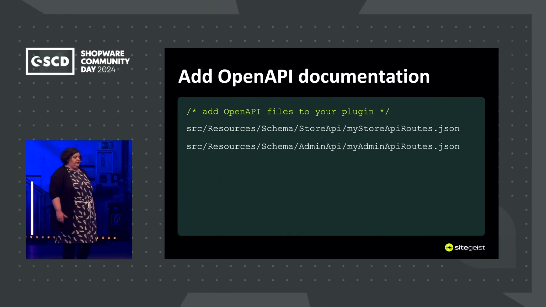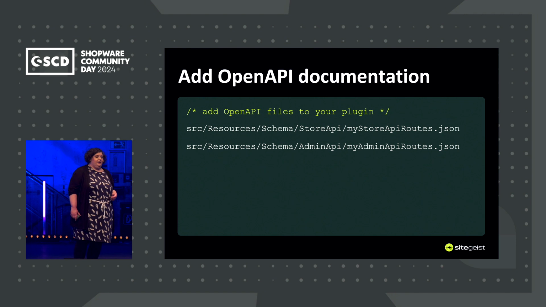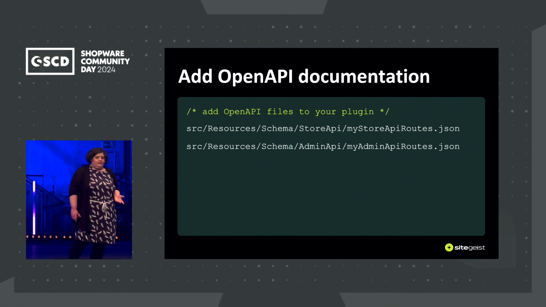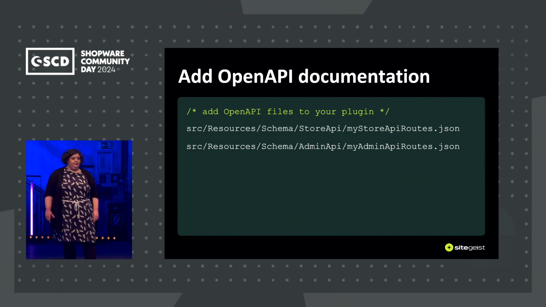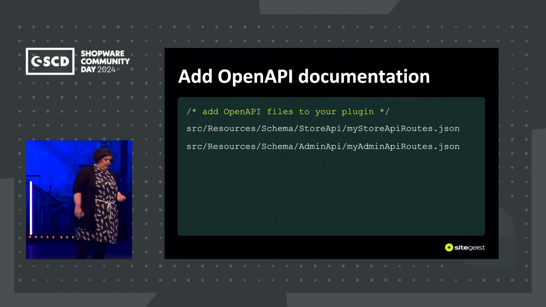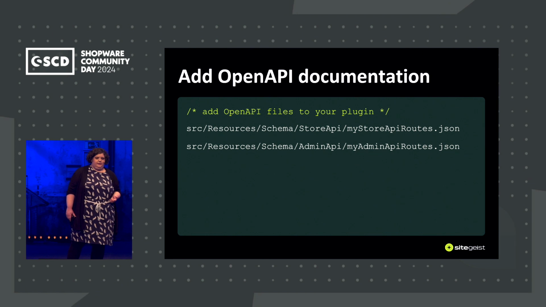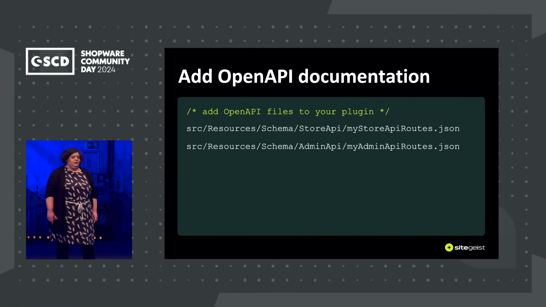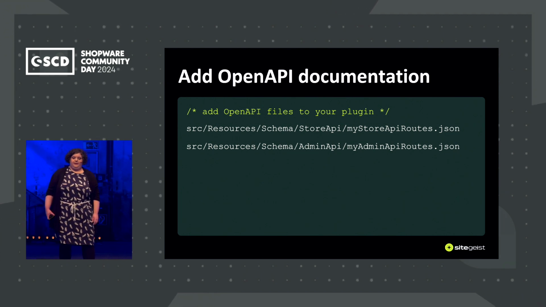So first you have to update all your plugins with API endpoints for Store API and also for Admin API, and create the OpenAPI documentation. If you use this folder structure you can see here, all the files will be read automatically, so you have nothing to do, you have only to create the JSON files in this folder structure for Store API and for Admin API.